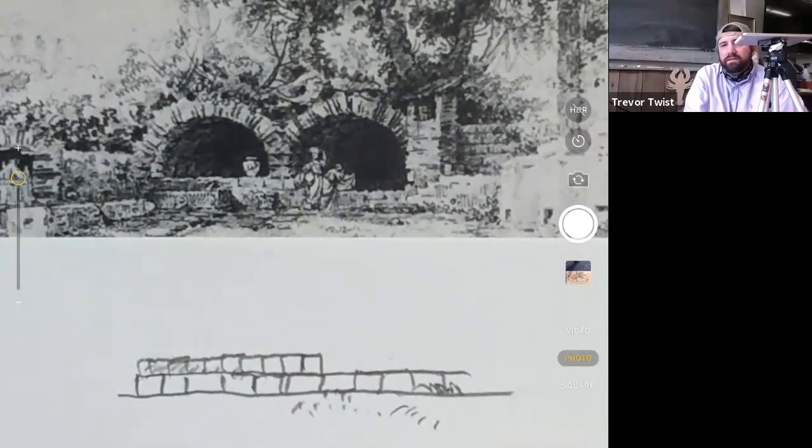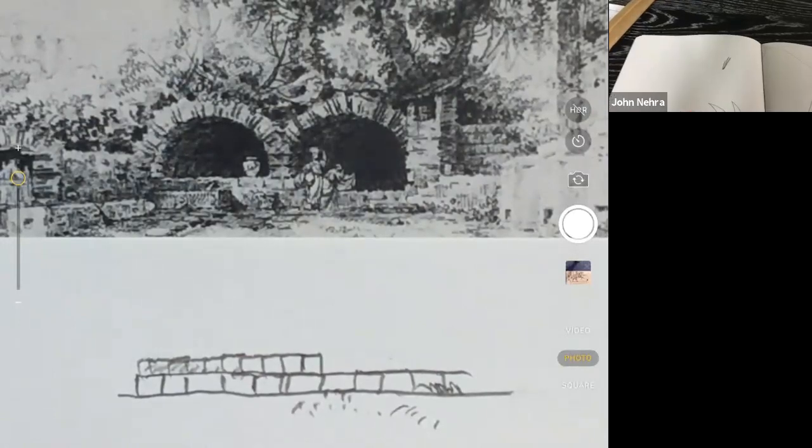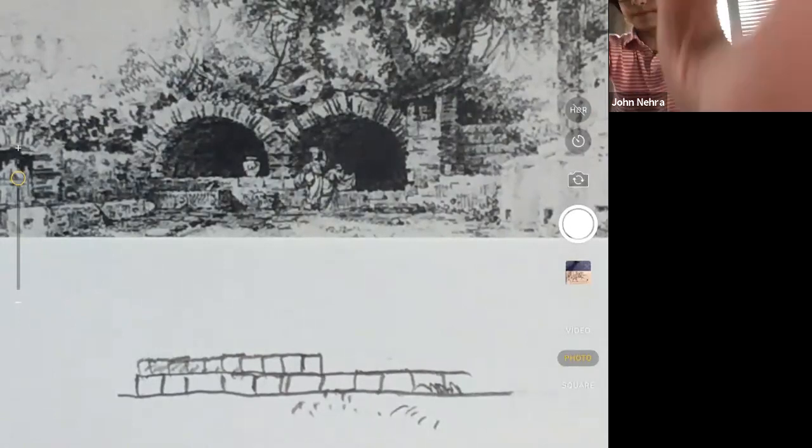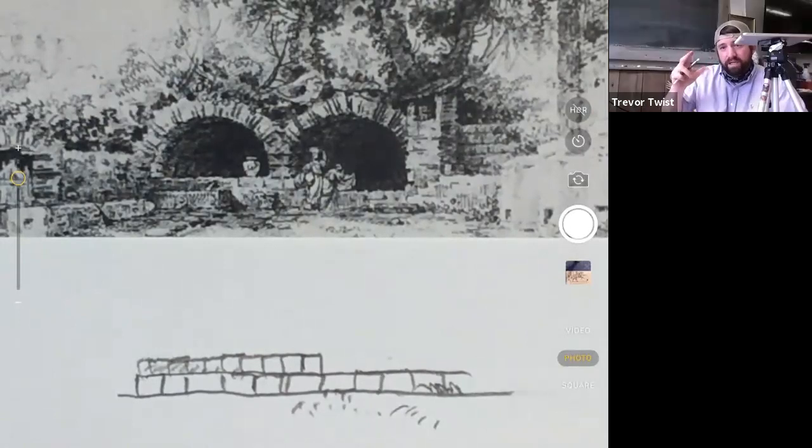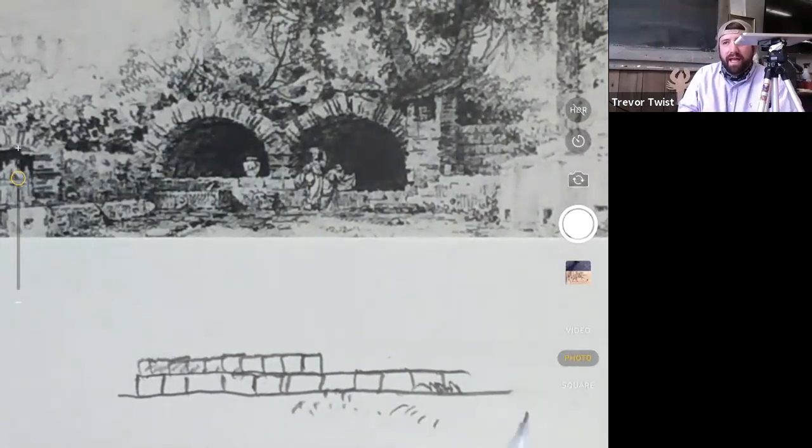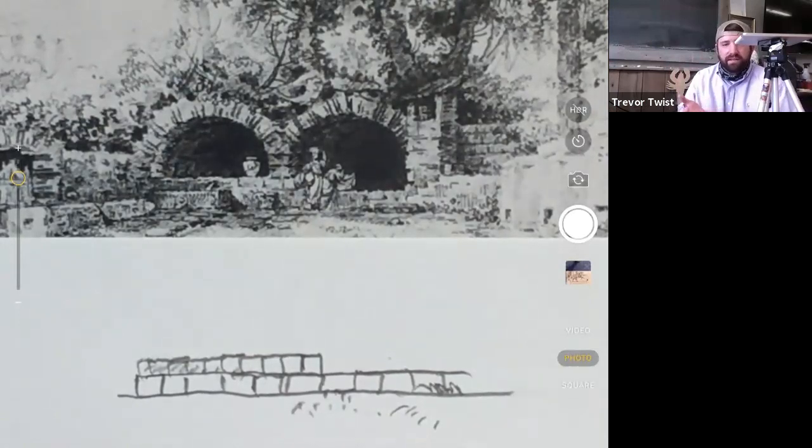What it really does is frame the drawing. When you take the picture, it puts it inside of a rectangle, so it's framed, and it's really important to frame things. That's a good example of how that works.